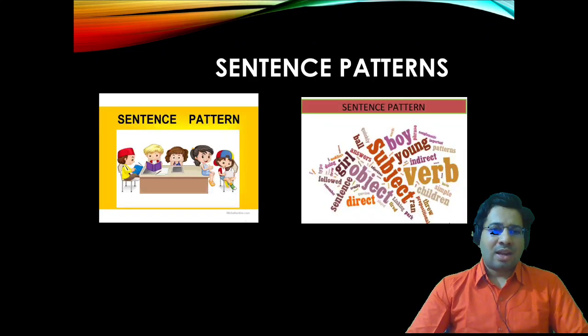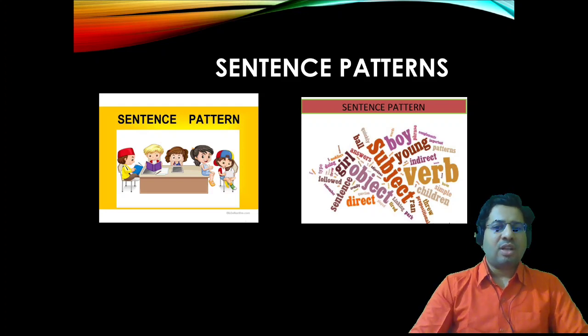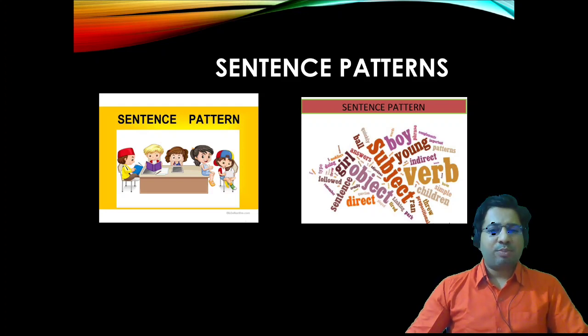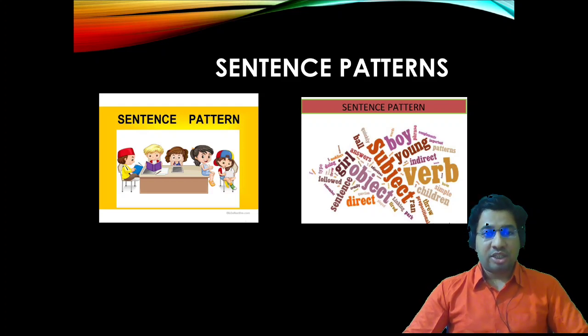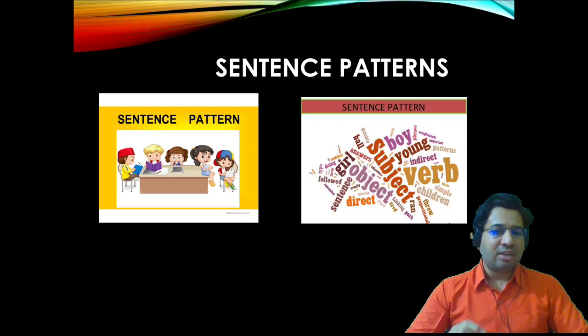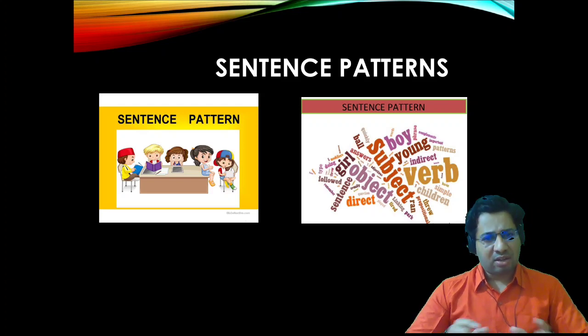Now, let us talk about sentence patterns. Actually, sentence patterns can be understood as the way sentences are usually structured. It is important to learn the most common sentence patterns in English, as most of the sentences you will hear, write, and speak will follow these basic patterns.